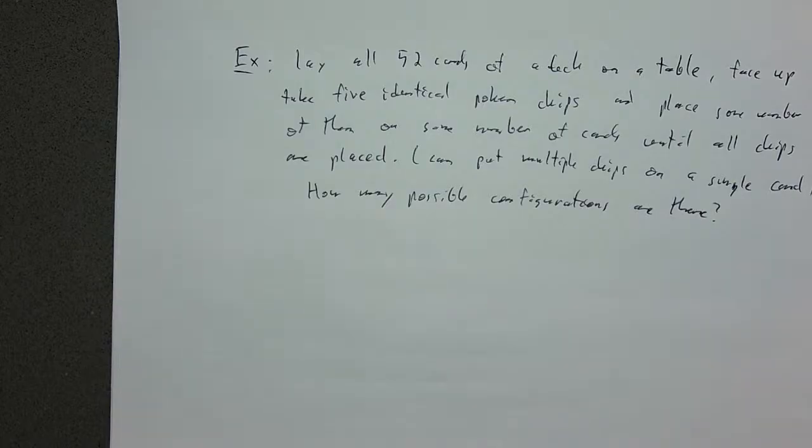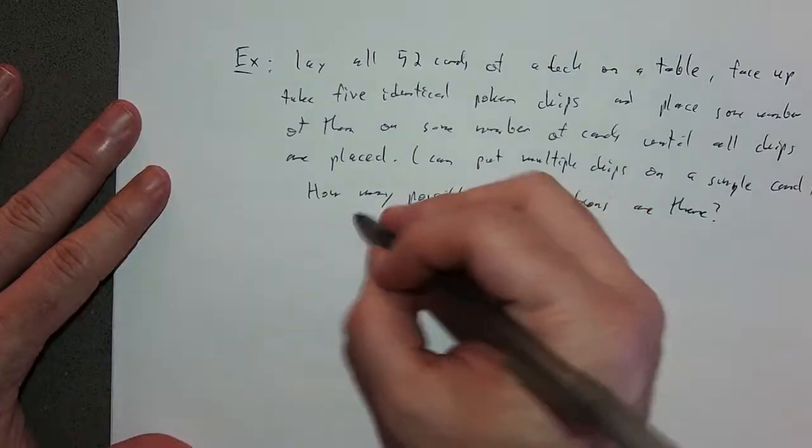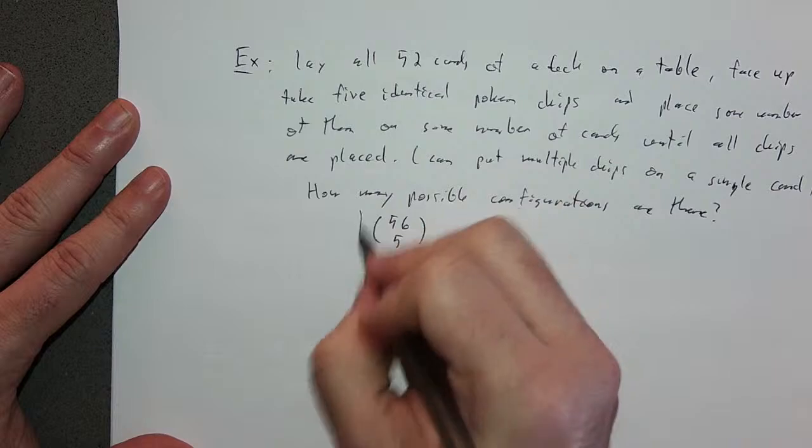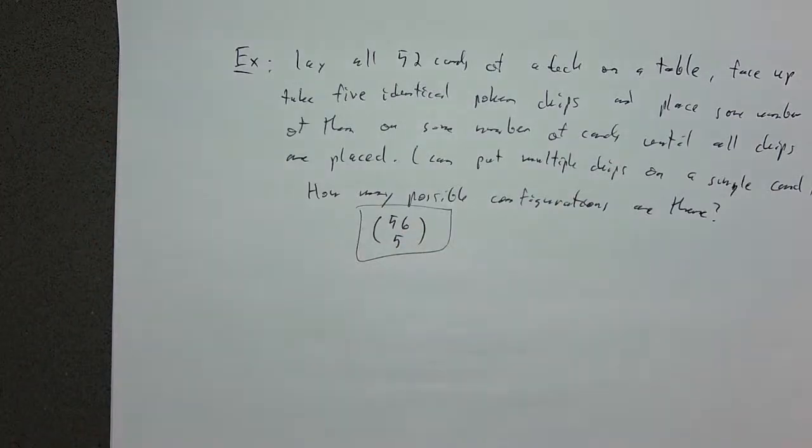You could put all 5 chips on the ace of spades. You could put 4 chips on the ace of spades and 1 on the 2 of clubs, right? And so on in that fashion. The question is, how many possible configurations are there? Should I lead you to it, or should I say the answer is 56 choose 5, which of course is the number we just saw.